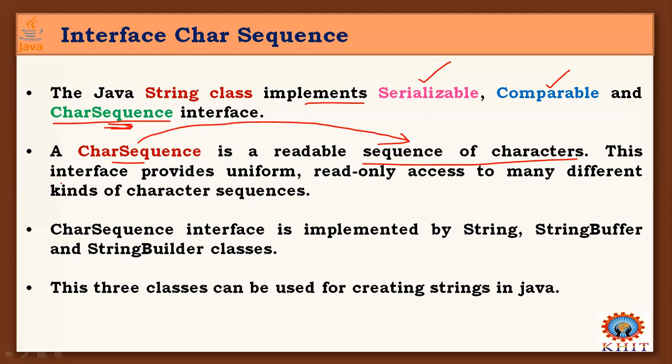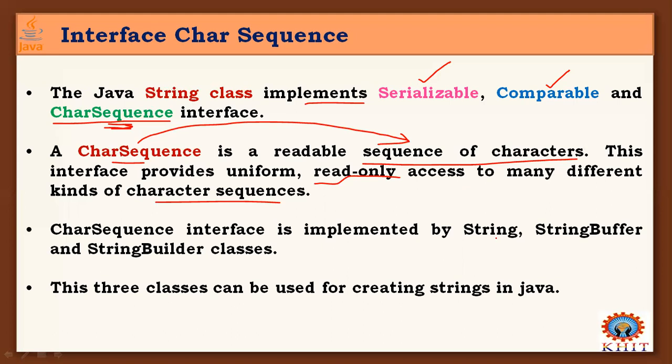And this interface provides read-only access to many different kinds of sequences of characters. So that's why strings are considered immutable. Here we have only read-only access to many different kinds of character sequences provided by this CharSequence interface.